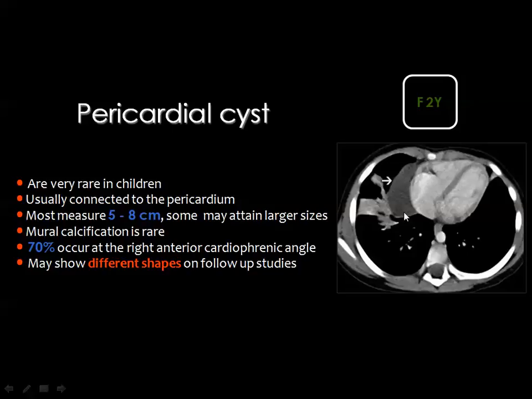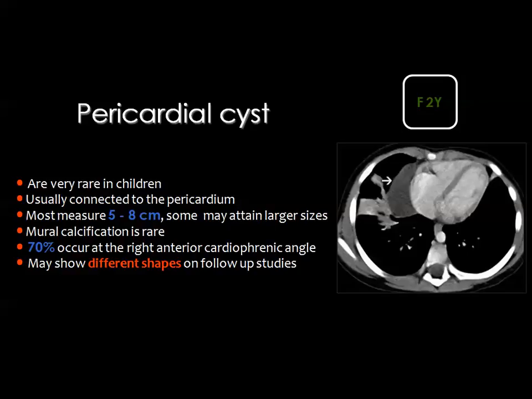Then if you look carefully here, you can easily appreciate that this is not a pulmonary lesion. If this were a pulmonary lesion, you would say this is a hydatid cyst, which is the most common cyst containing fluid in the lung. But if you look carefully here, number one, the cyst is conforming with the cardiac contour, meaning that this cyst is within the mediastinum.